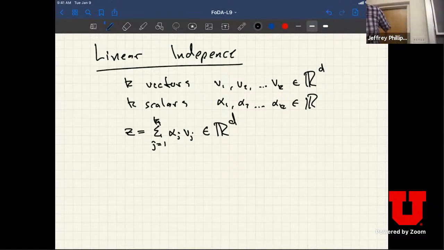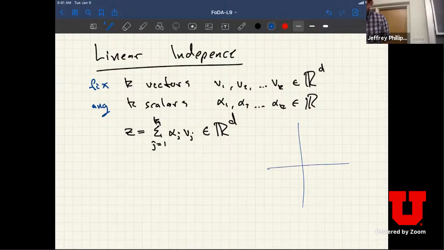What's interesting to think about is, let's fix these vectors, and I say I'm allowed any of the scalars. Then I'm thinking, what z's can I possibly get if I fix the vectors, but I can scale them in any way I want? There's kind of a preview here.